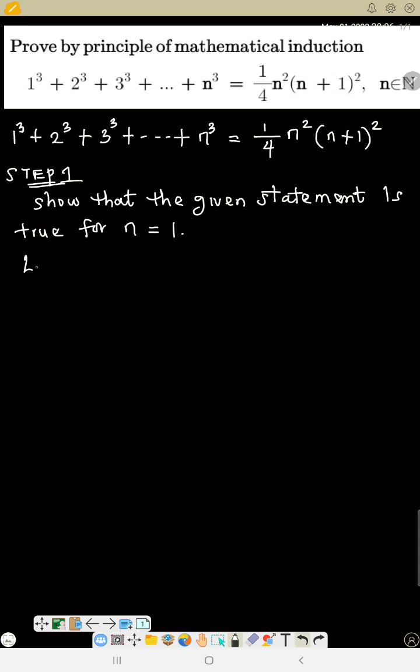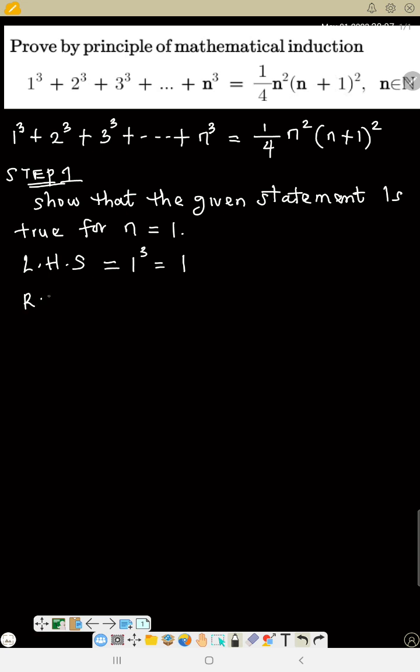So left hand side is equal to the first term, 1 raised to power 3, which is 1, because 1 raised to power 3 is 1 times 1 times 1.